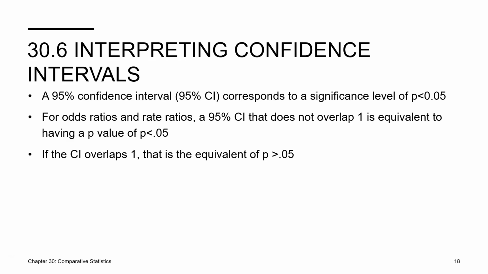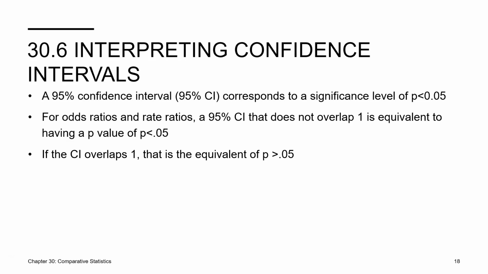Because we use a 95% confidence interval with odds ratios and rate ratios, it's important to determine how you interpret those results. I mentioned before that it is similar to a significance level of 0.05. When there's no difference, the odds ratio is 1.0 and the rate ratio is 1.0.